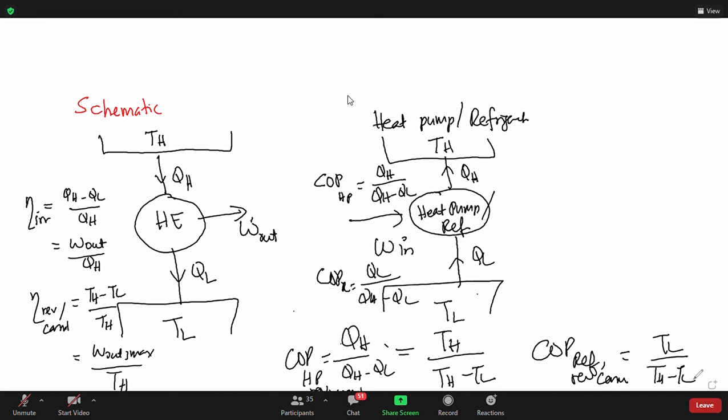So the important thing is read the question, read the question, read the question. Is it talking about a heat engine, or a heat pump, or a refrigerator? Because the mathematics is so simple, I cannot imagine you getting it wrong. Is it talking about reversible, or an actual or irreversible?